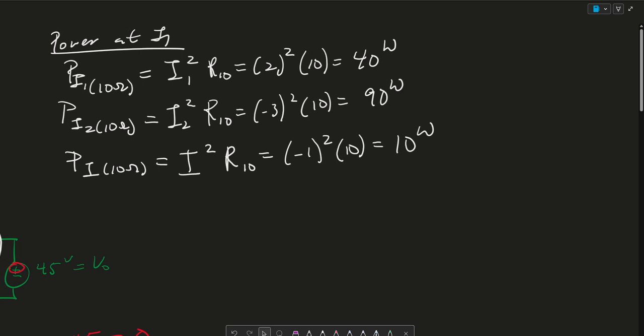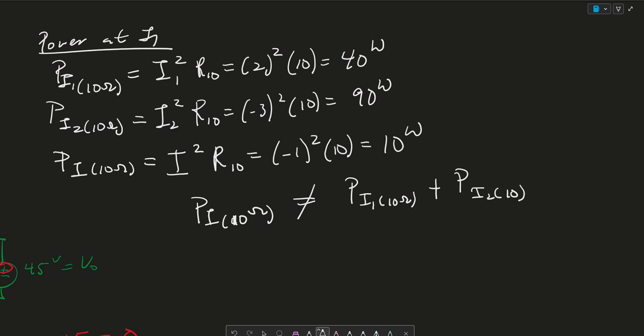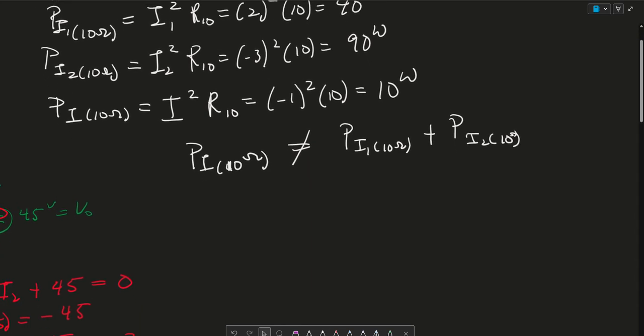As you can see, PI over the 10 ohm resistor is not equal to PI1 10 ohm plus PI2 10 ohm. And I want you to pause the video and try and figure out why these two are not equal.